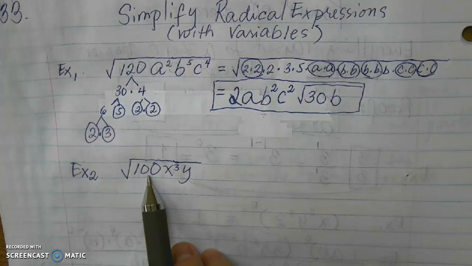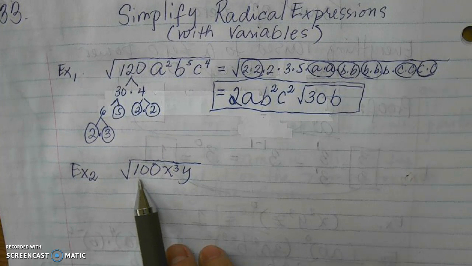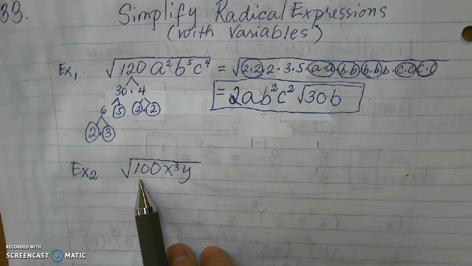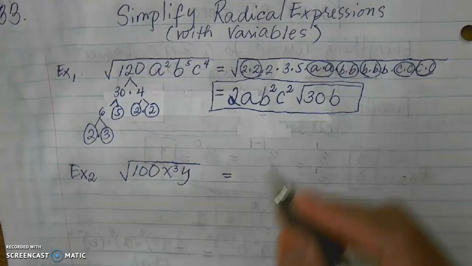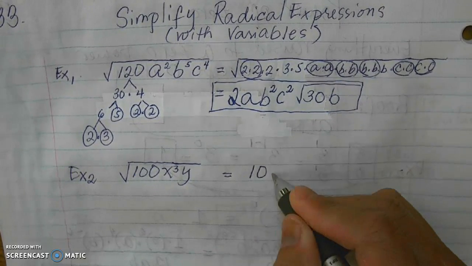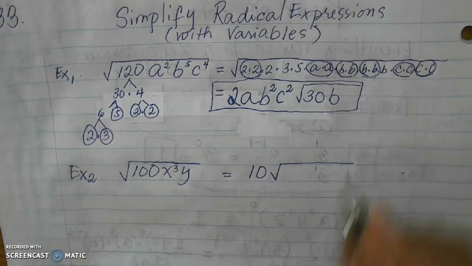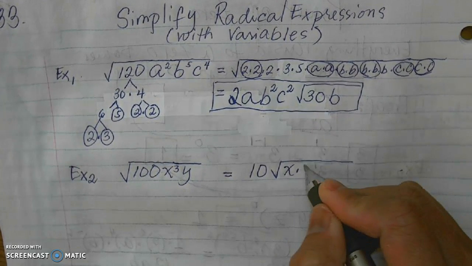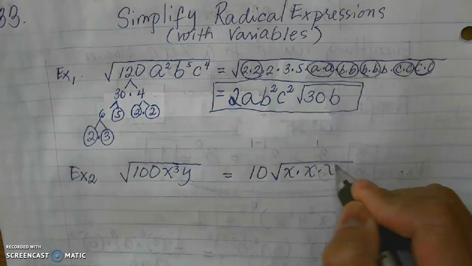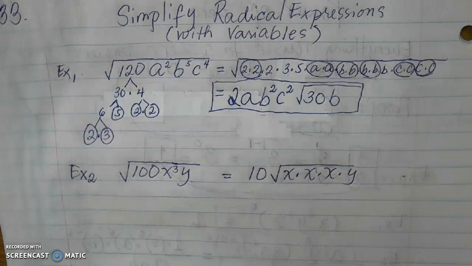This is 10 times 10. So I know that I can take out my 10, and that's a perfect square. So therefore, outside I will have my 10, and inside I can do this to see what goes in pairs. There you go.